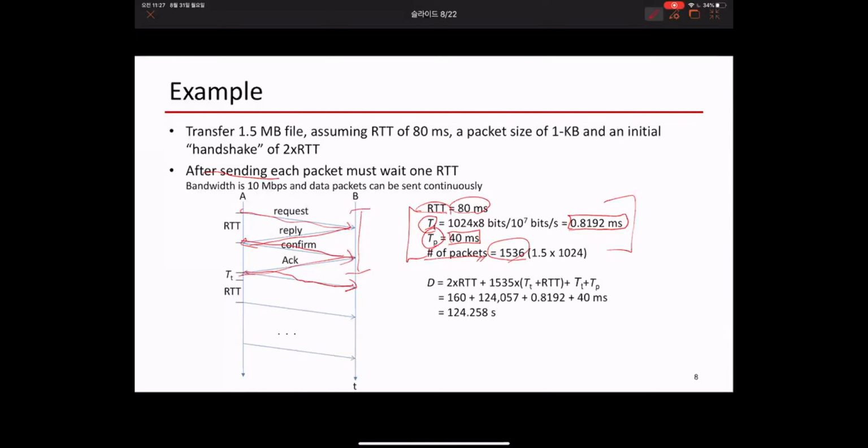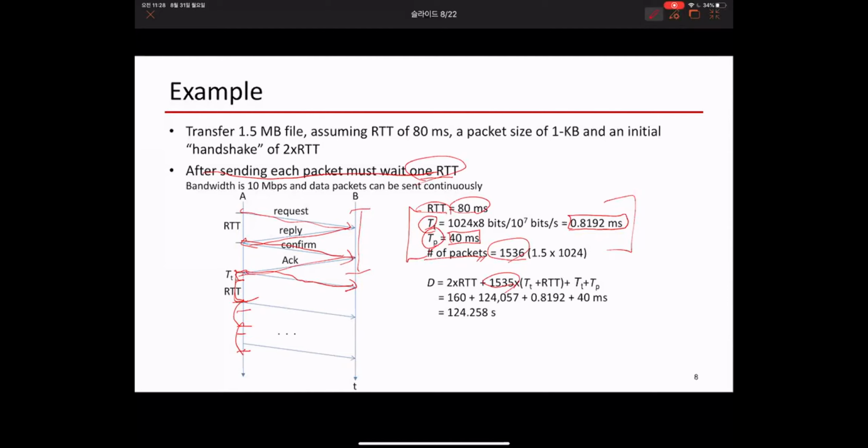It says after sending each packet, I have to wait 1 RTT. So after transmission, I have to wait 1 RTT. Then I do TT again, 1 RTT. I do TT again, 1 RTT. How many times? I have to repeat 1,535 times.